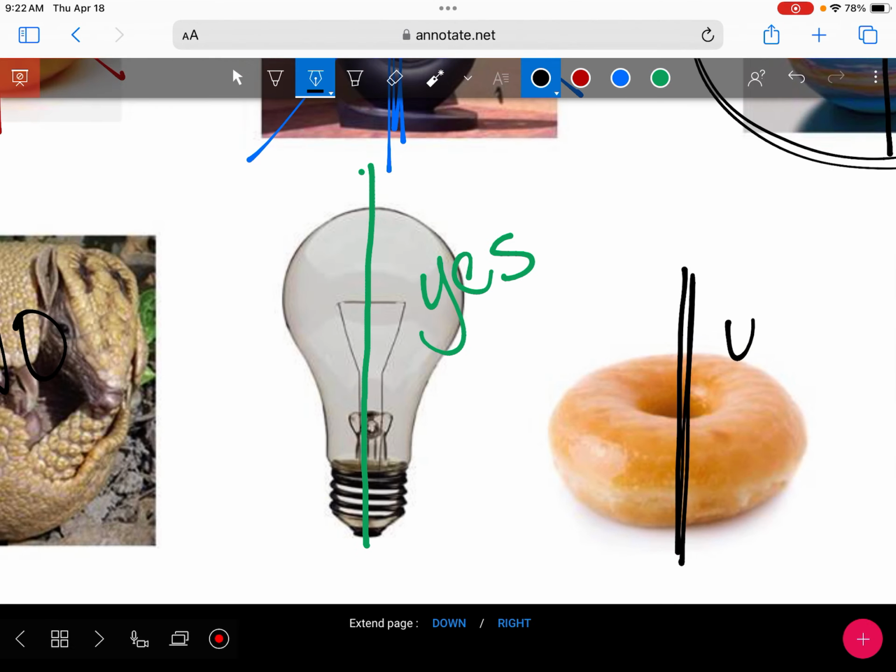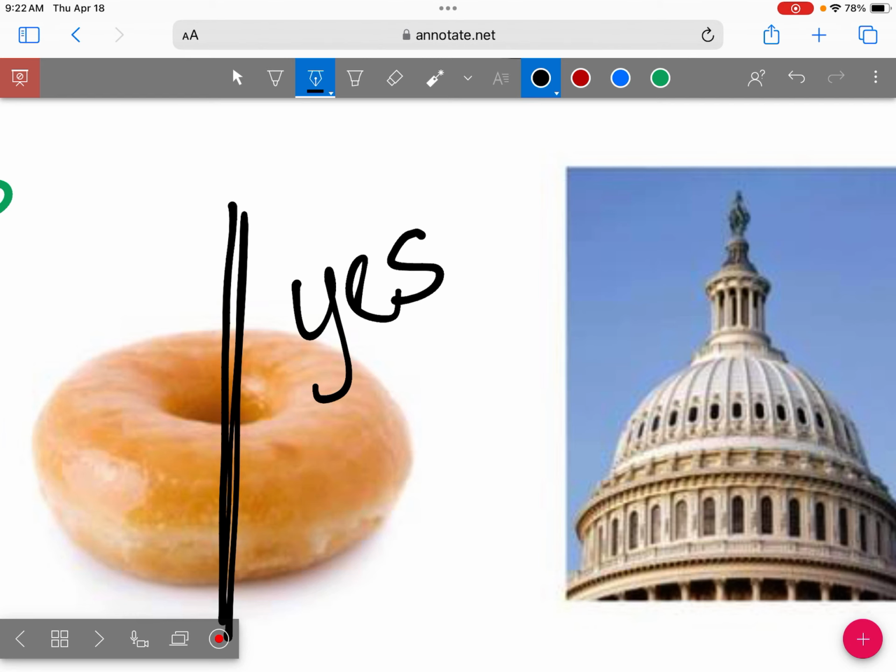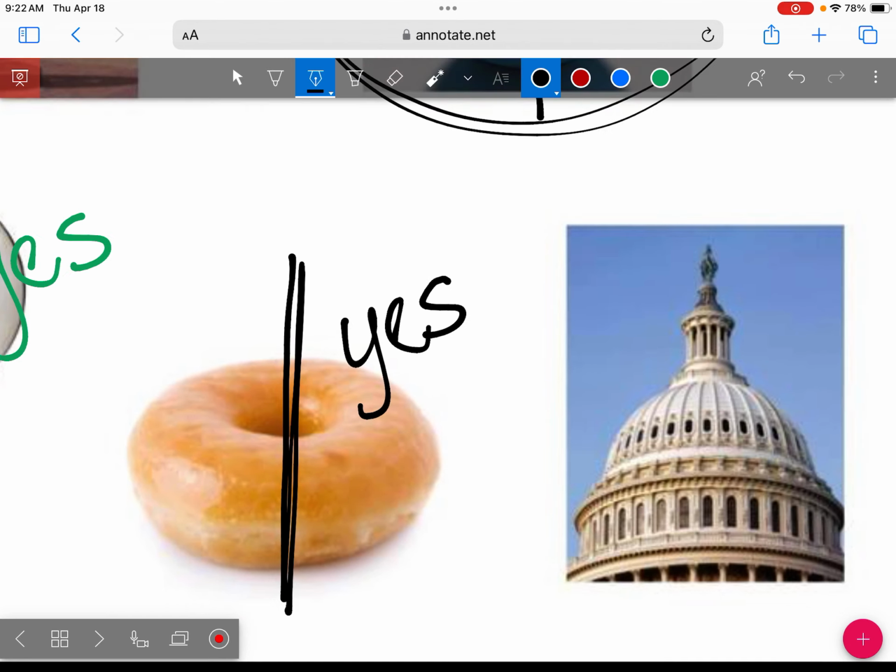I would have probably said no, to be honest, because the way it's tilted, it doesn't look symmetrical to me. But I'm going to be very lenient on this on the test. If it's an obvious no, then it's a no. But if it's a donut, I'm going to lean towards yes. And I don't know what statue or what building this is, but would you say yes or no? Raise your hand if you would say yes. Who would say no? I think I would say yes too.